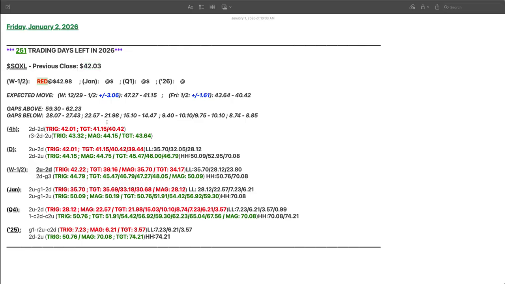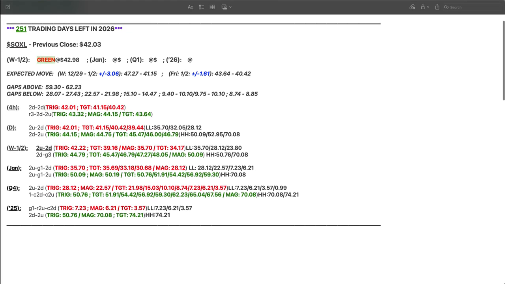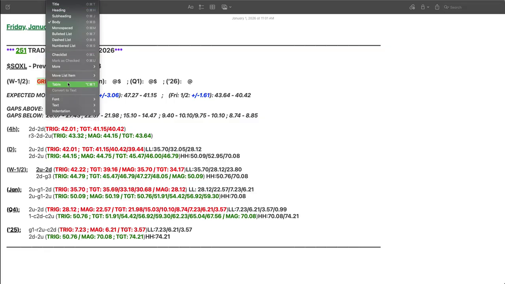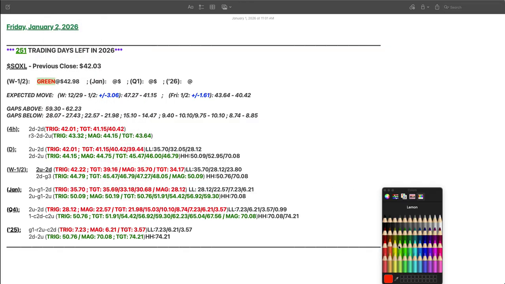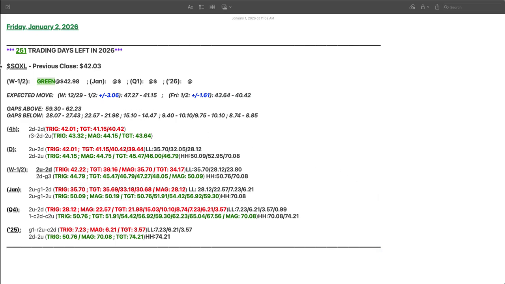Oops, this needs to be green. Let's get these notes right, just to start the year off right. Show colors. This needs to be green. There we go. So to turn the week green, we need to get back up to that 42.98.